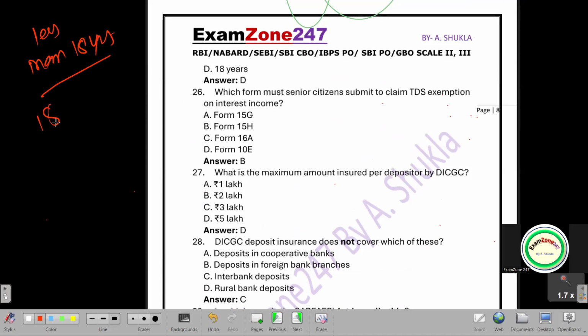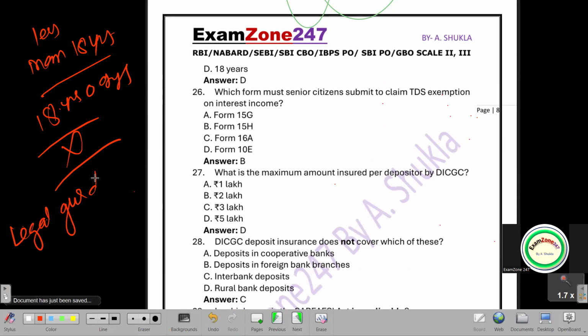If he is 18 years and 0 days, then he is not a minor. Can anyone tell me, if there is a legal guardian, what is the age of majority? You should check this. Okay.